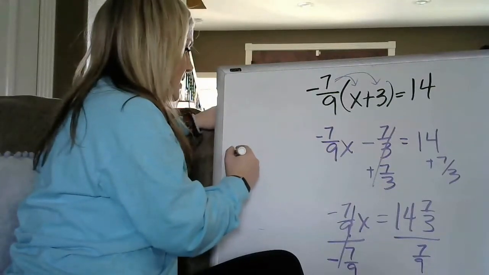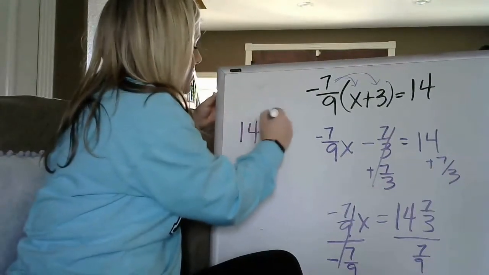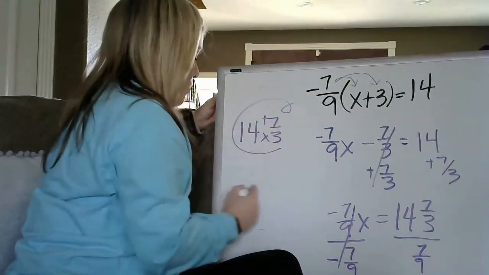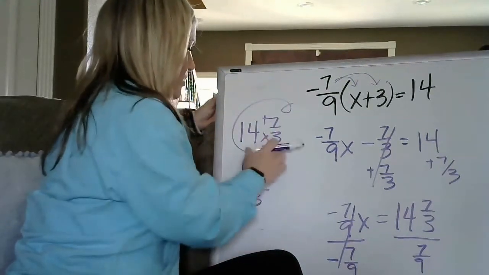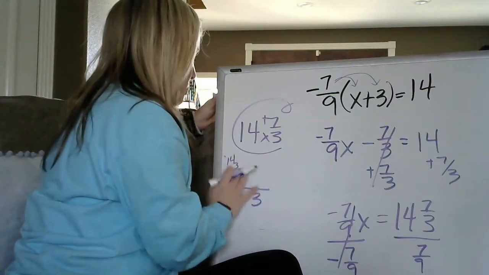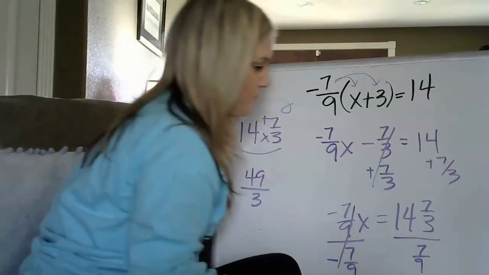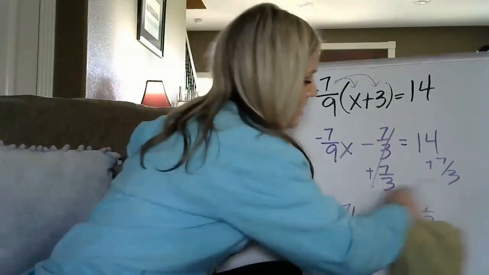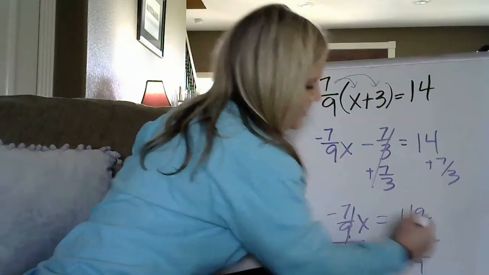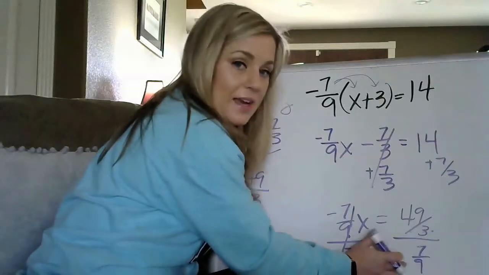If we have 14 and 7/3, let's make that into a mixed number. We're going to have 3 as a denominator. 14 times 3 is 42, and 42 plus 7 is 49, right? 49 thirds. Okay, so I'm going to erase this now and make this 49 thirds.